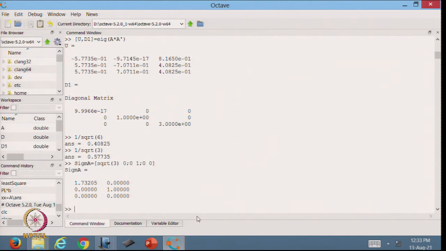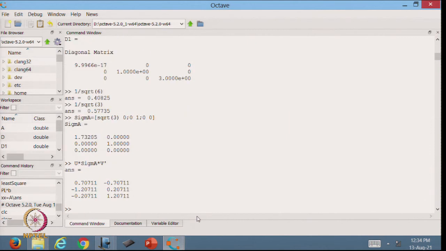Now, if I take U multiplied by sigma A and multiplied by the V I have taken, I just take the transpose and let us see what is going to happen.